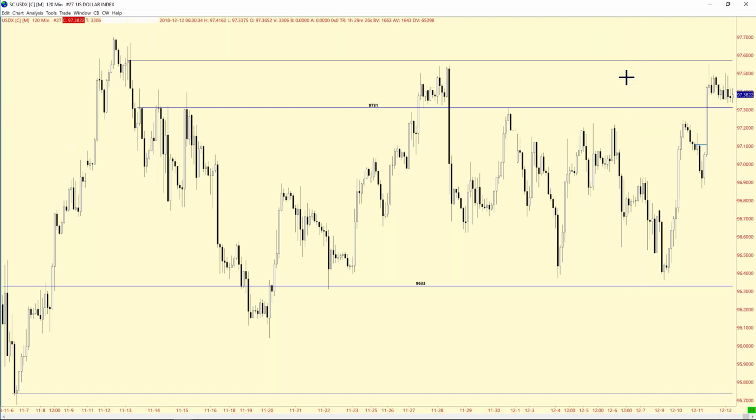With resistance right here, 97.57, and we almost made it there yesterday. And we pared back a bit, but it'd be 97.57.